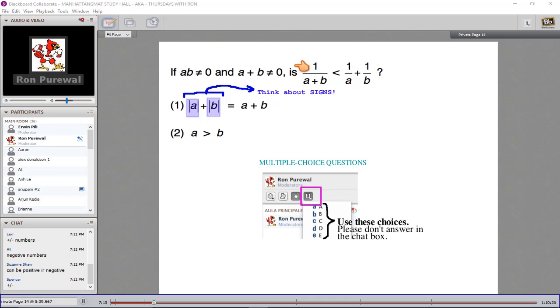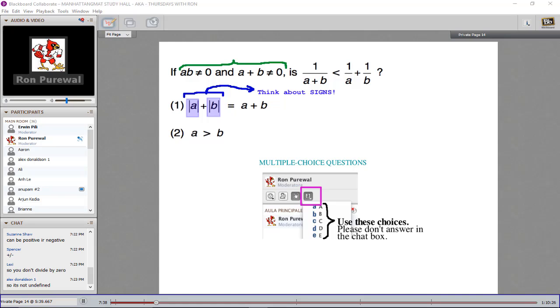Can anybody tell me? Again, this may or may not be significant, depending on the problem. Yeah, this is just making sure that you don't divide by 0. These are not conditions that you are actively going to use in the problem, but they just have to make sure that you are using numbers that are legitimately defined.